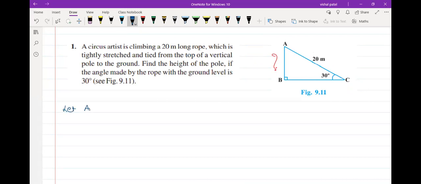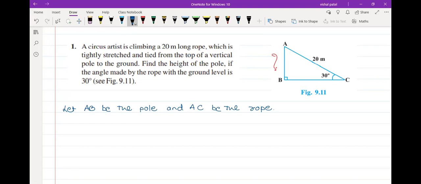Let AB be the pole and AC be the rope. You can add a few more things. Let BC be the ground level, C be the point where the rope is tied. But make sure that you write down the gist of the diagram.